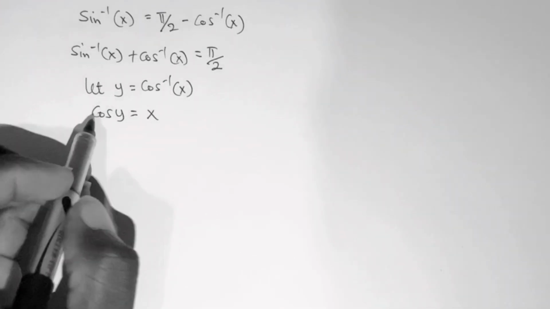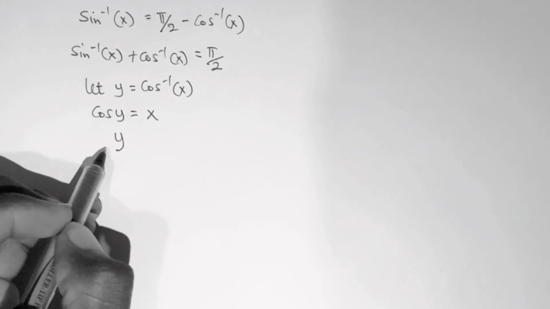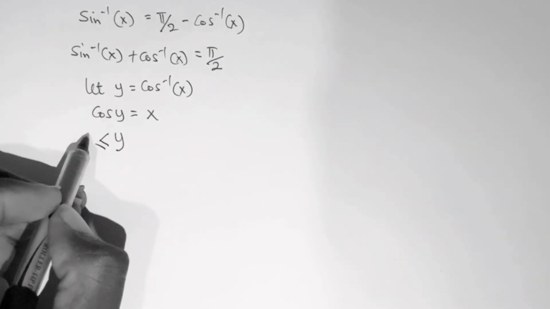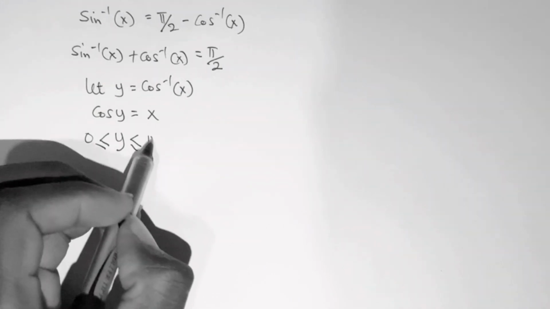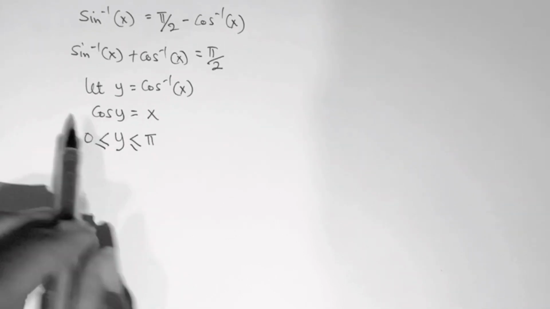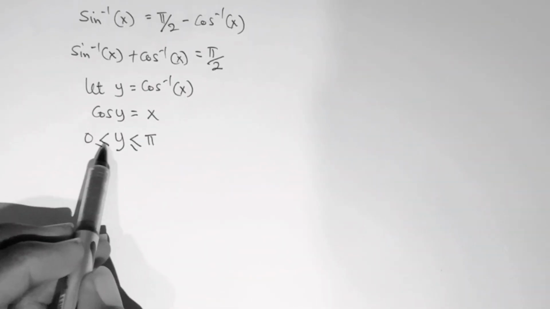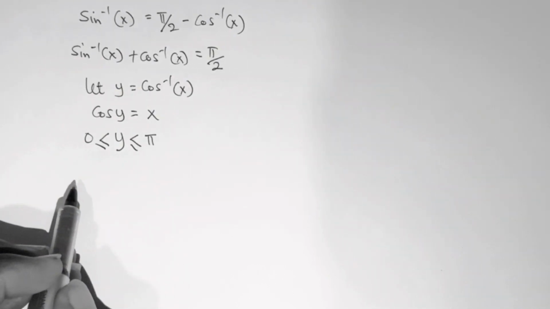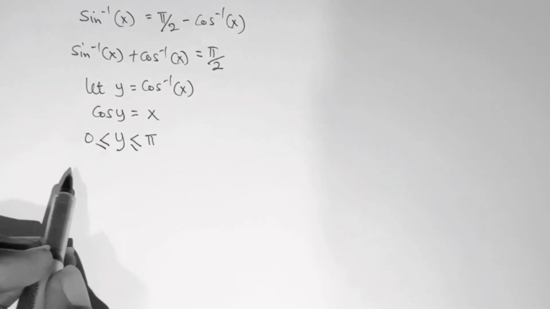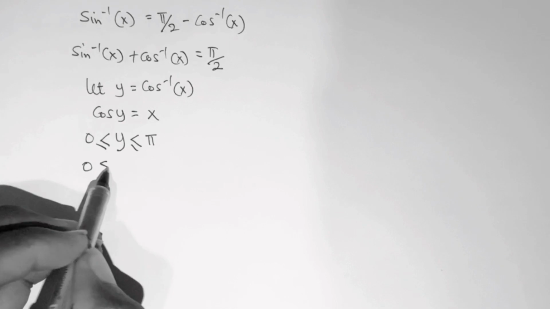Now remember that the range of values that y can take for the cos function is between 0 and pi. This is the region in which the cos inverse function is defined. So y is greater or equal to 0, but less than or equal to pi. Now let's multiply through by minus 1. If you multiply 0 by minus 1, you are going to get 0, less than or equal to.